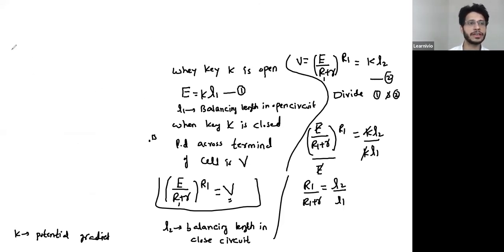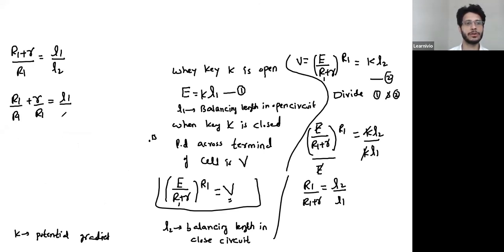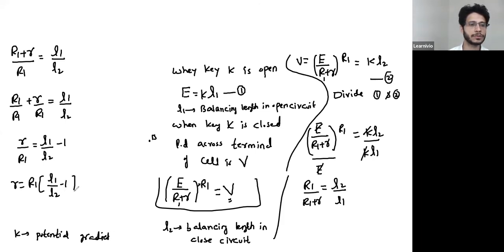So I'm just taking the reciprocal of the equation. R1 plus r by R1 is L1 over L2. So I can write this as R1 by R1 plus r by R1 is L1 over L2. So r over R1 is L1 by L2 minus 1.